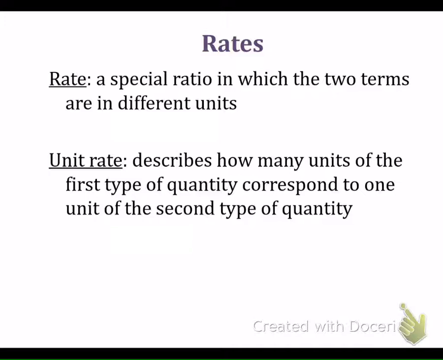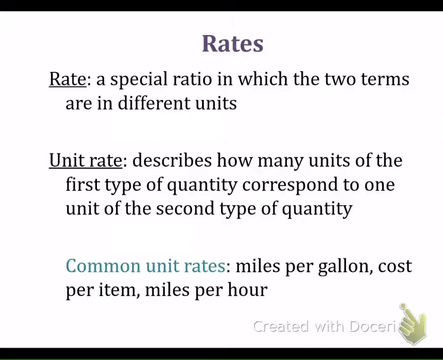Like when you start applying for college, you'll hear the student to teacher ratio, how many students per one teacher. So those are some common unit rates you might encounter in your lives. All right, there is a spot in your notes for what we just talked about. So common unit rates are like miles per gallon, cost per item, miles per hour, things like that.